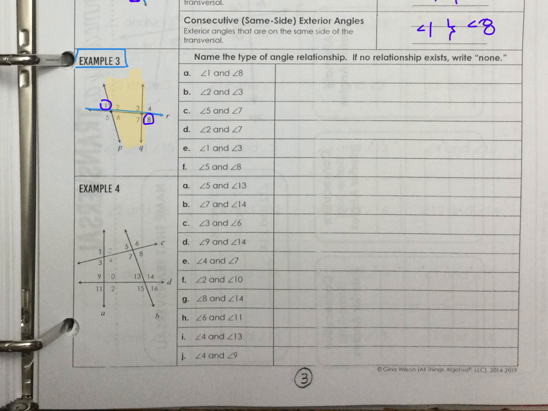Is it alternate interior, alternate exterior, corresponding, consecutive interior, or consecutive exterior? So I need you to do A, B, C, D, E, and F using this picture in example 3. And then I need you to do the same thing with A through J using the picture in example 4.